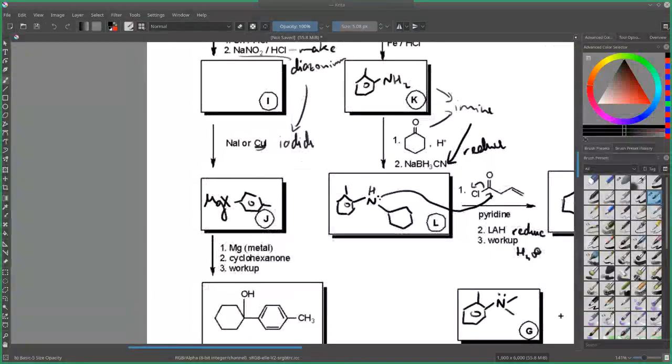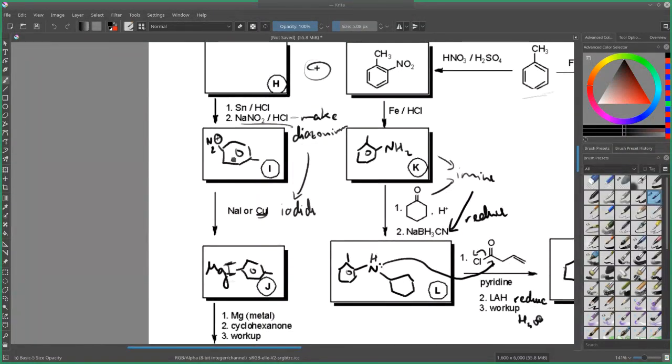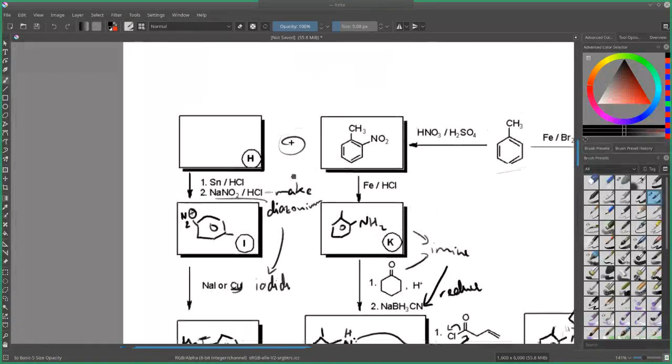So this MgX that I had here is actually an MgI, which is a kind of interesting Grignard reagent to use, but no harm in it. Okay. And since we went from a diazonium to an iodide, we know that over here, what we had was precisely that diazonium. Okay?